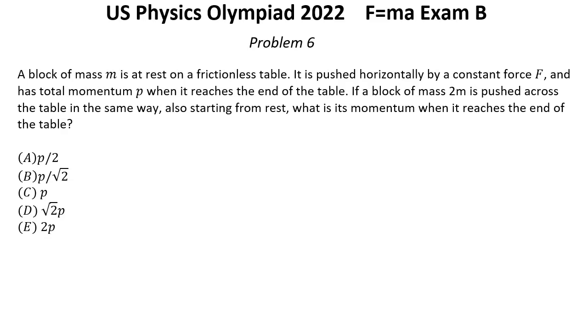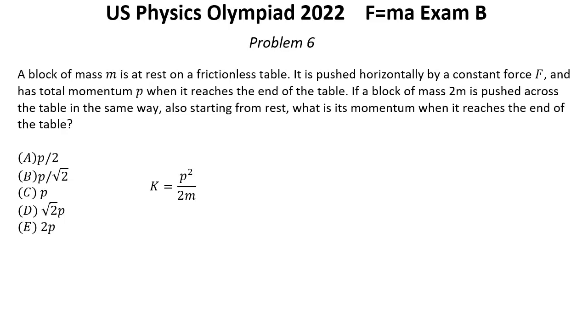Solution for problem number 6. Since the forces and the distances are the same, the total work done is the same. It means that the total kinetic energy is the same, and the kinetic energy is related to momentum by the formula K equals P squared over 2m.